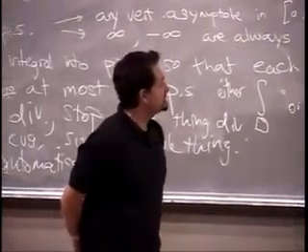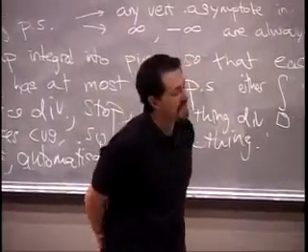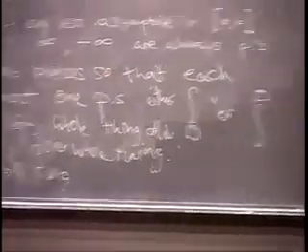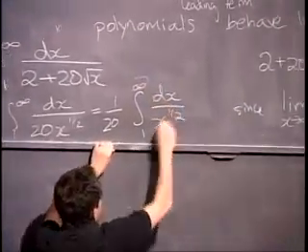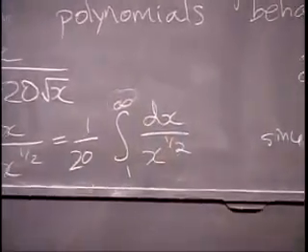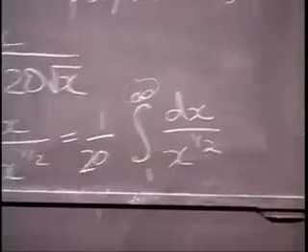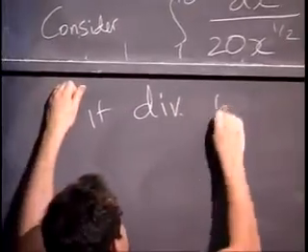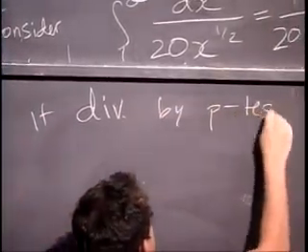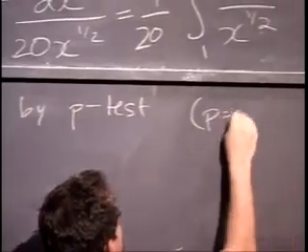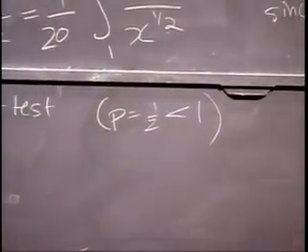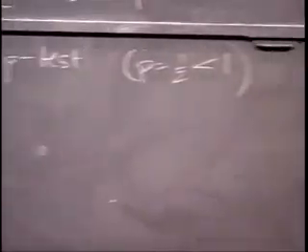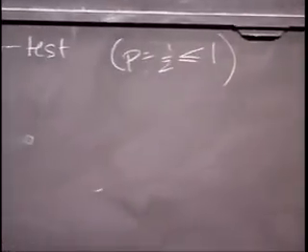It diverges by the p-test, right? The p-test at infinity says it only converges if the power is bigger than 1. Problem spot's at infinity, remember. So this diverges by the p-test, p equals a half, less than or equal to 1. That's the divergence condition.